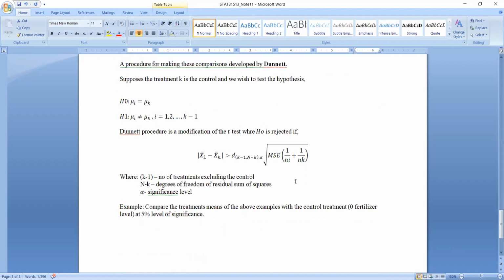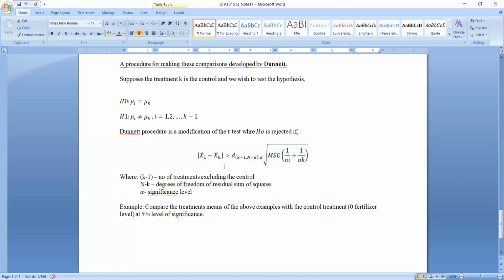If you look at this one, first you have to obtain the mean square error from the ANOVA table, and then n_i means the number of observations you have under the ith treatment, and n_k is the number of observations you have under the control group, and alpha is the significance level, and this d_{k-1, n-k} you have to read from the Dunnett table, and then here you have to take the absolute difference between the treatment mean that you are comparing and the control group, right?